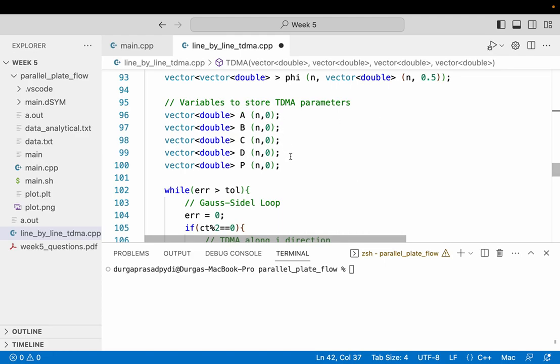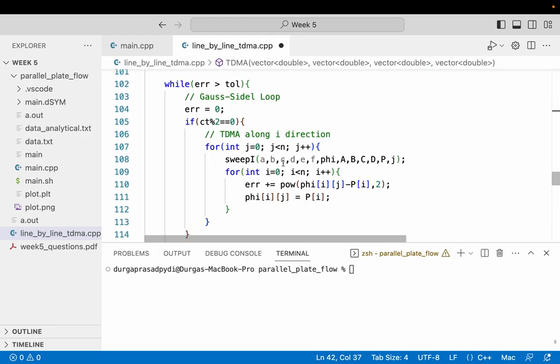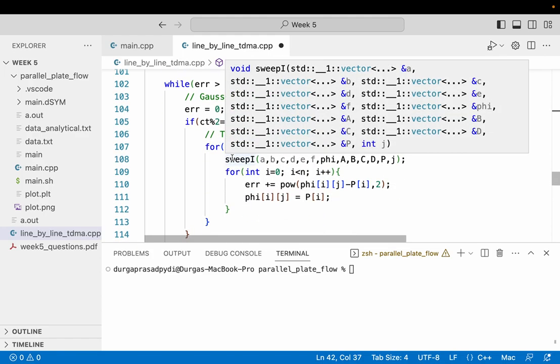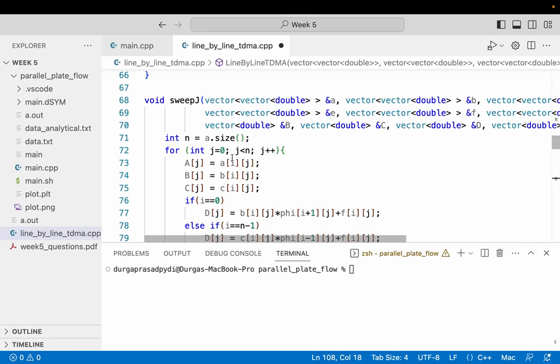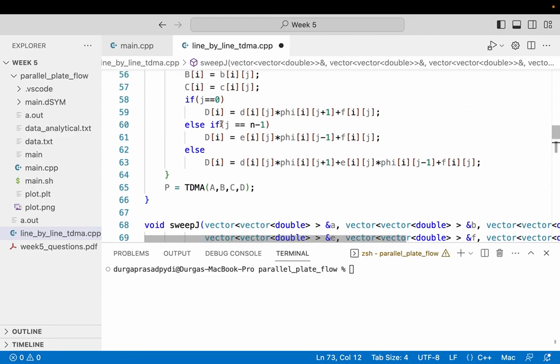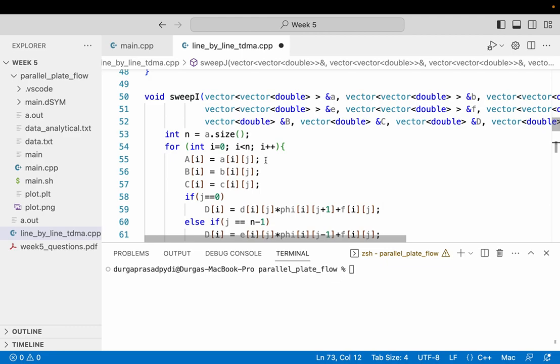I've just written another function, sweep I. This is to fix along the I direction, or you can fix along I or J depending on your direction. What sweep I does is it takes the coefficients. When you are fixing along the I direction, it will take the coefficients from the J. Okay, this is sweep J, so this is sweep I. If you want to do along the I direction, you fix just the J coefficients.